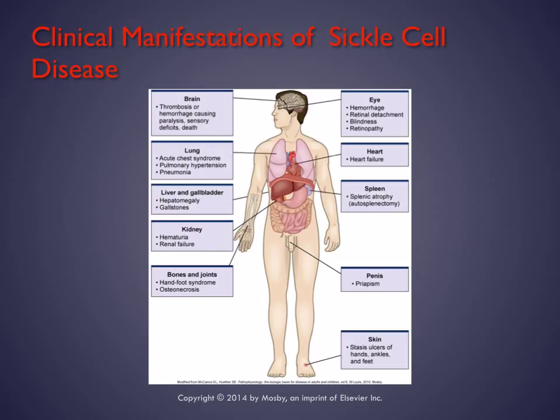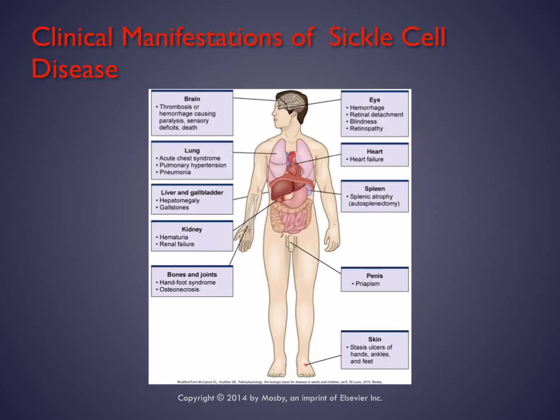Now, this is a very good picture of clinical manifestation of sickle cell disease, and with repeated episodes of sickling, there is a gradual involvement of all body systems, especially the spleen, lungs, kidneys, and brain. Organs that have a high need for oxygen are most often affected, and they form the basis for many of the complications of sickle cell disease.